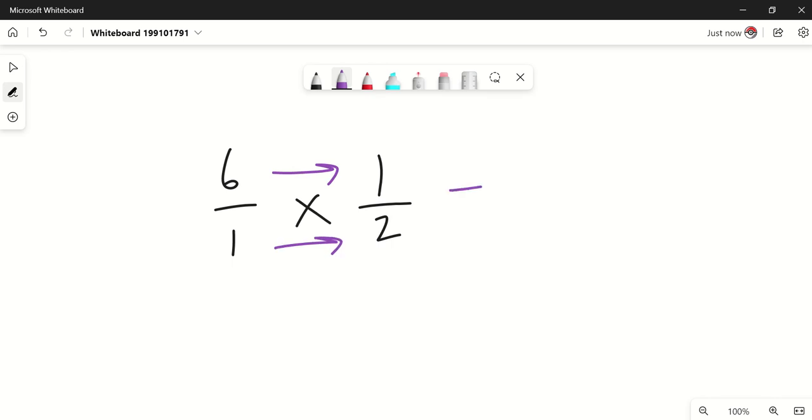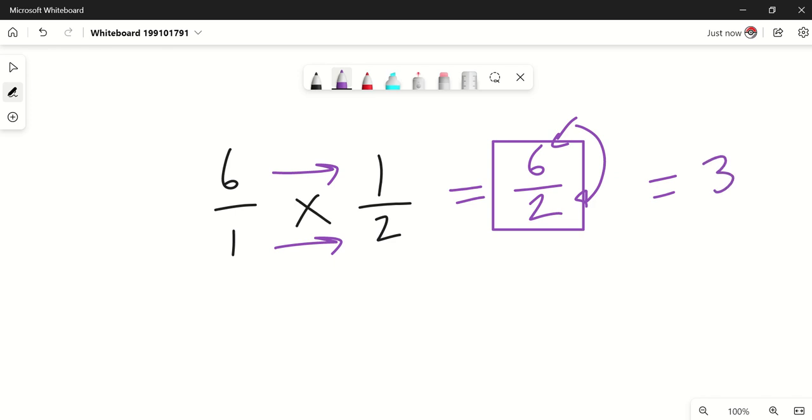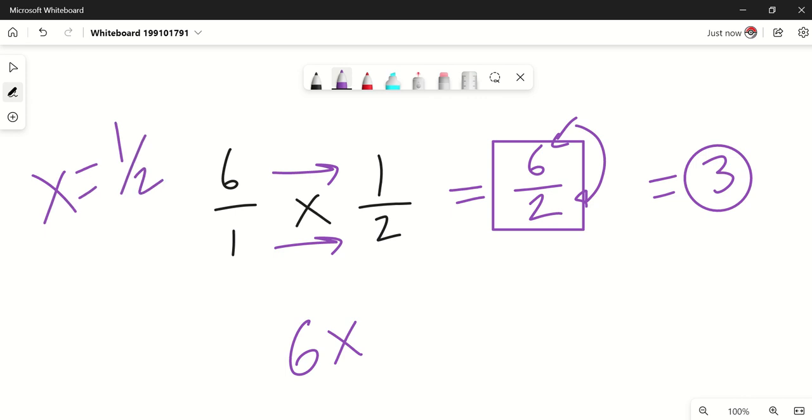So 6 times 1 will equal 6. 1 times 2 equals 2. This is an improper fraction, so I'm going to simplify it just by dividing numerator by denominator. 6 divided by 2 equals 3. Therefore, 6x, when x equals 1/2, will be 6 times 1/2, which equals 3.